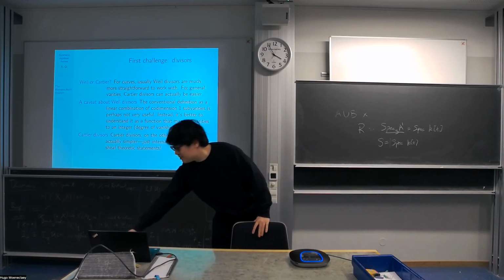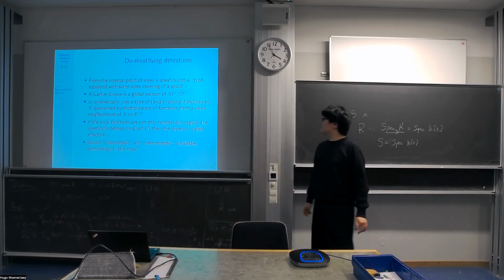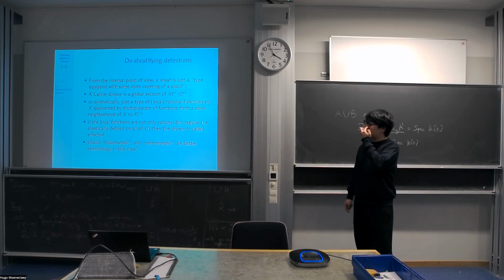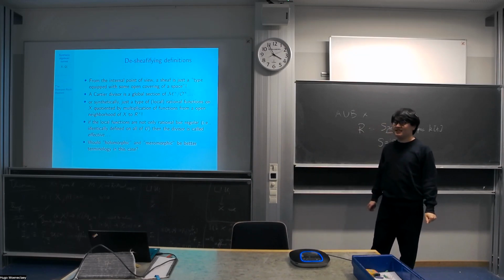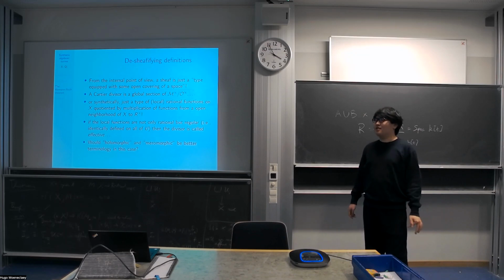Cartier divisors are maybe easier to work with. A Cartier divisor is a global section of M cross over O cross.